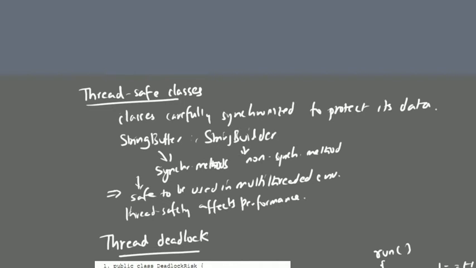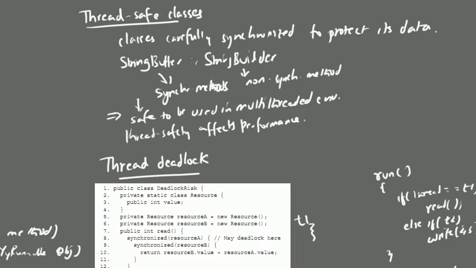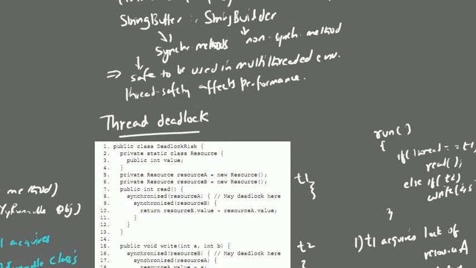So, which implies that the StringBuffer class is much safer to be used in multi-threaded environments. But what should be kept in mind is that thread safe classes affect performance, because the lock should be acquired and released, which adds an additional set of instructions to take care of all this.